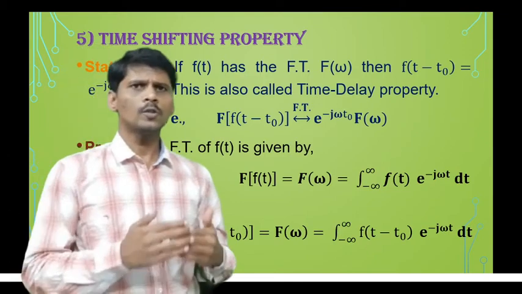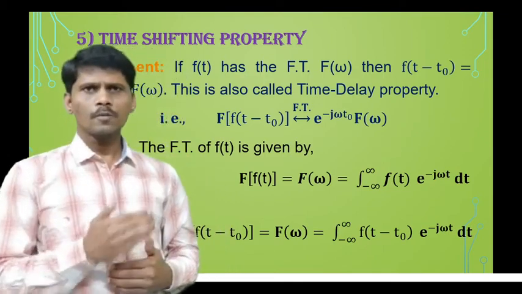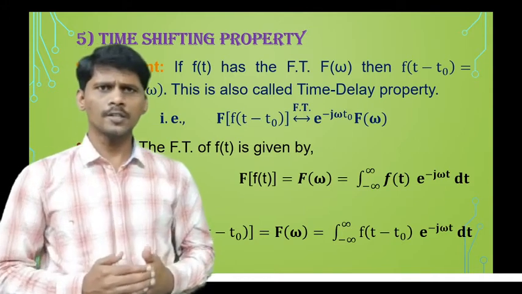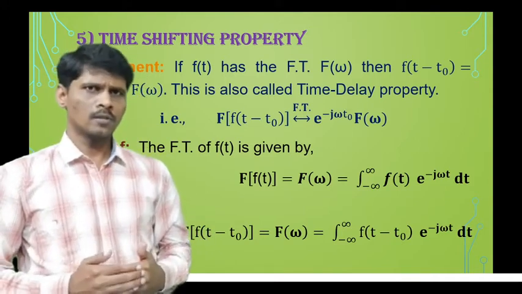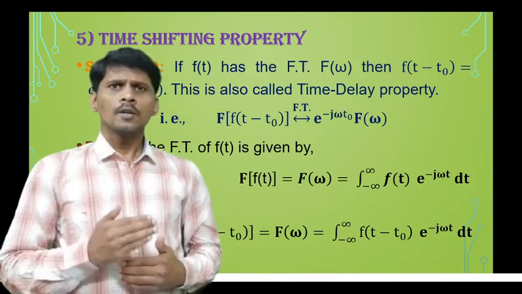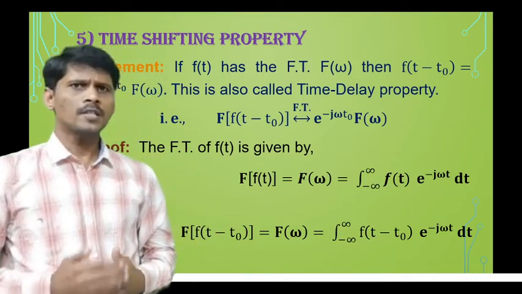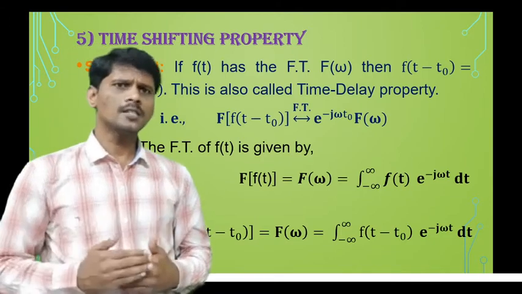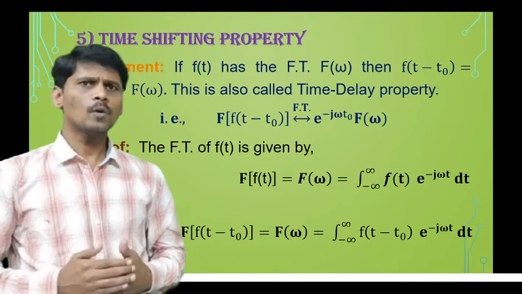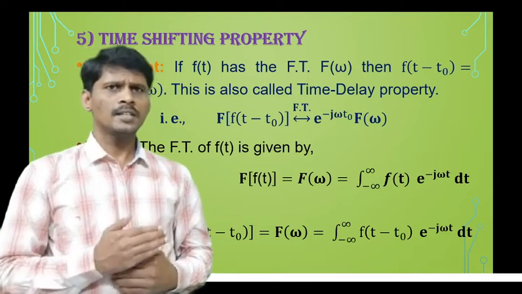Now we want to prove that the Fourier transform of f of t minus t naught is equal to e power minus j omega t naught into F of omega. So using the definition, the Fourier transform of f of t minus t naught is the integral from minus infinity to infinity of f of t minus t naught into e power minus j omega t dt.